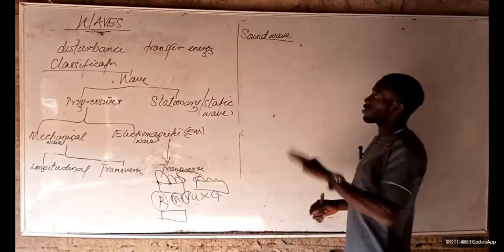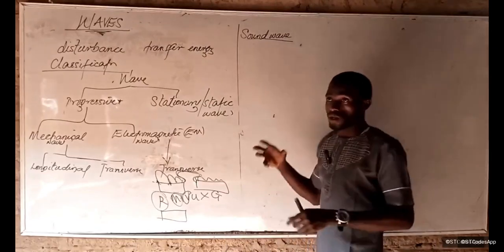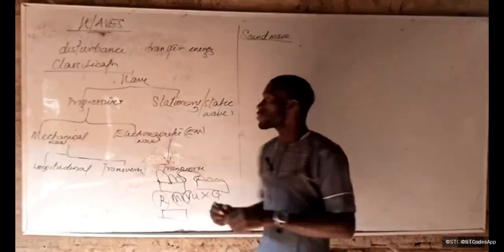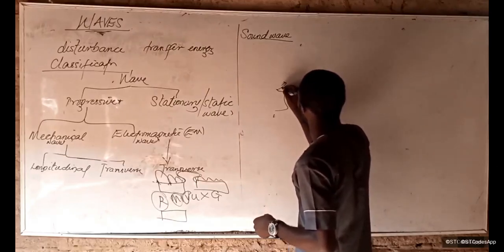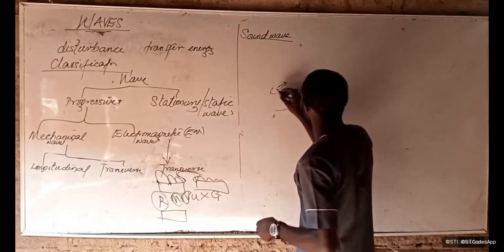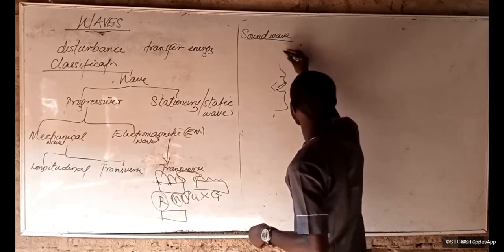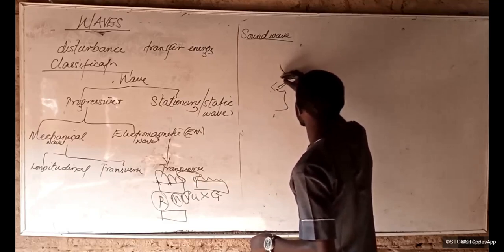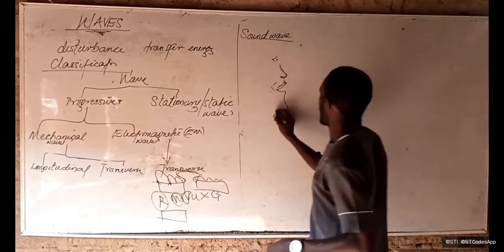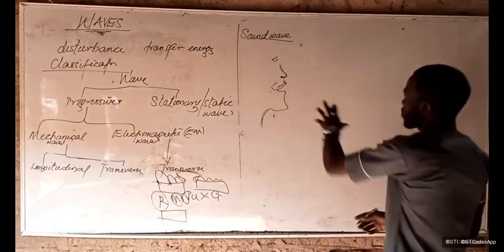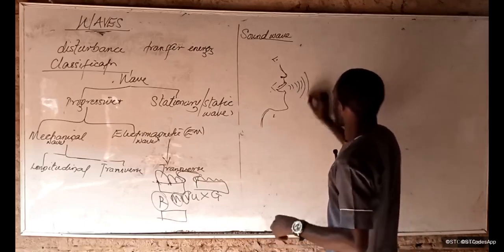So a sound wave is a longitudinal wave because, as I am speaking now, this is going to be my mouth, and as I am speaking, the waves are coming out this way.